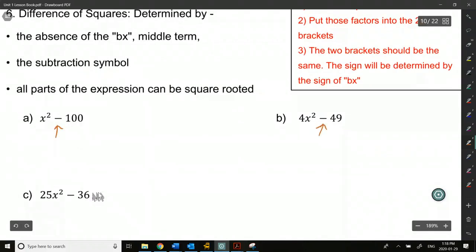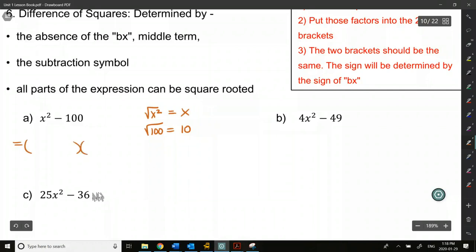Okay, so for each of these, notice that we're missing that bx term. So there's no bx term in the middle of these guys. They are all subtraction in between the two terms. And I can square root the first term and get x. And I can square root the second term and get 10. These values are what's going to go into my brackets.